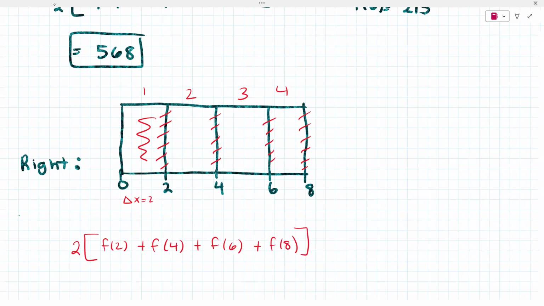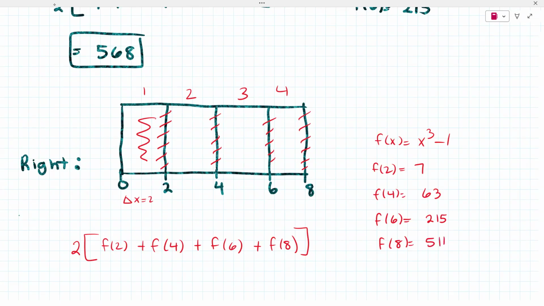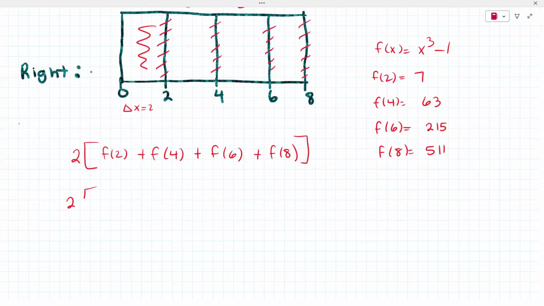Because they give us an equation, f of x equals x cubed minus 1, we can actually find the values. f of 2 is 7, f of 4 is 63, f of 6 is 215, f of 8 is 511. When you put it all together, you should get 1592.